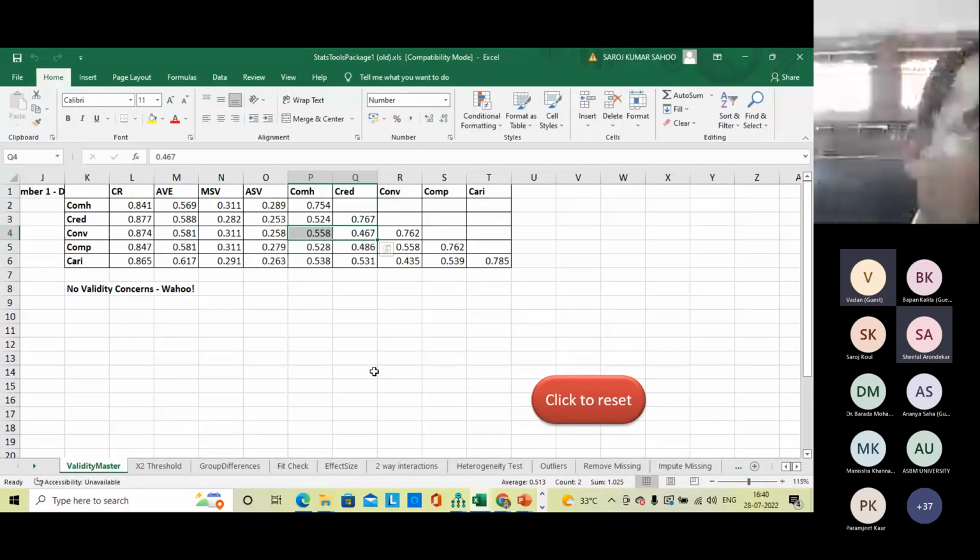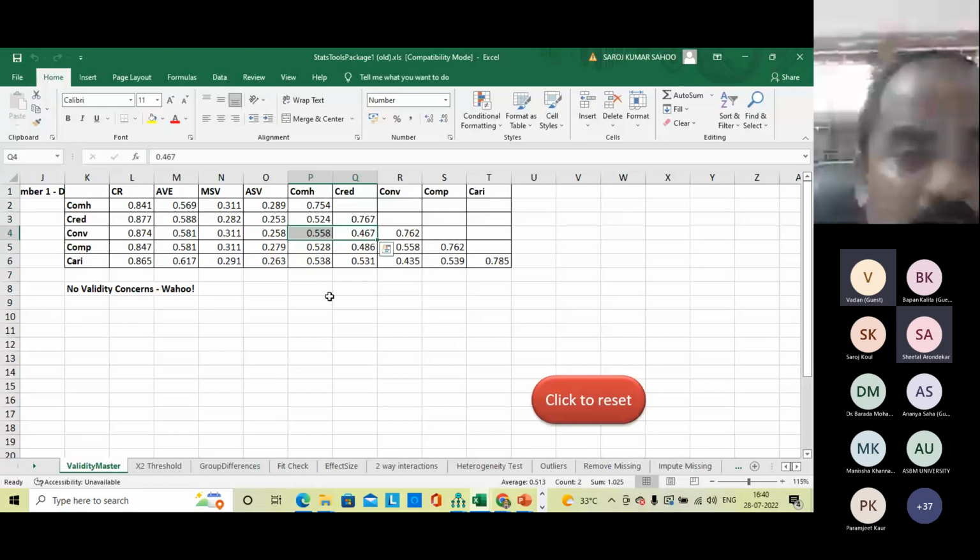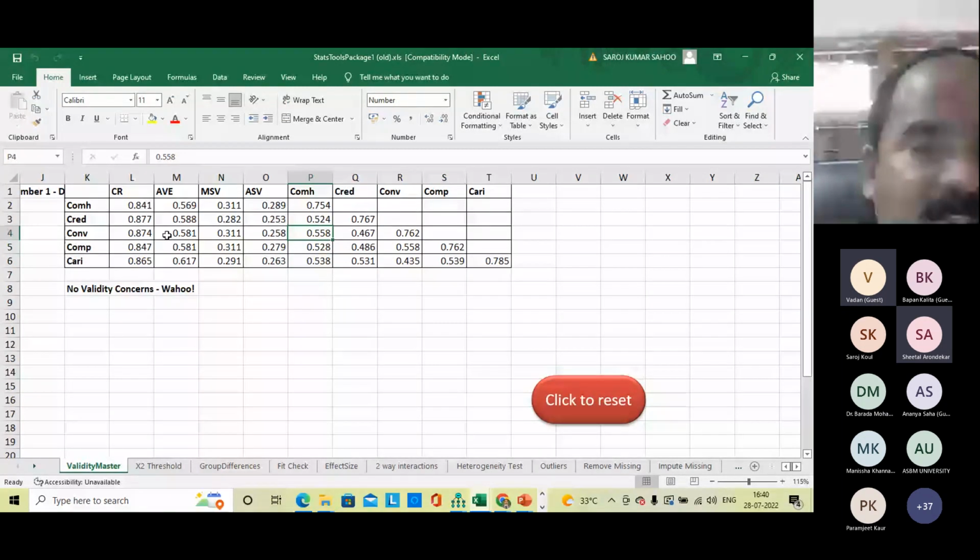Off diagonal values are interconstruct correlations. What does interconstruct correlation mean? Suppose it is 0.558. It is the relationship between comprehension and convenience. Suppose it is 0.467. It is the correlation between credibility and convenience.